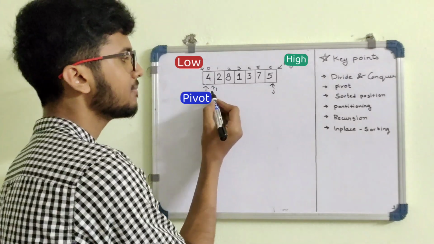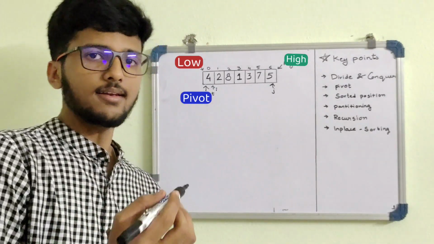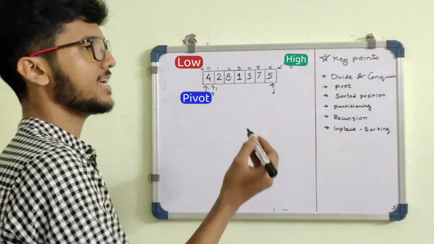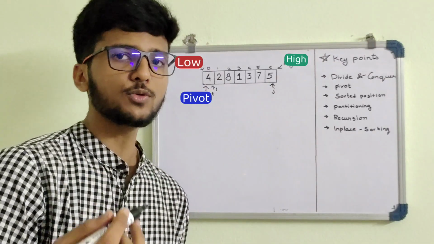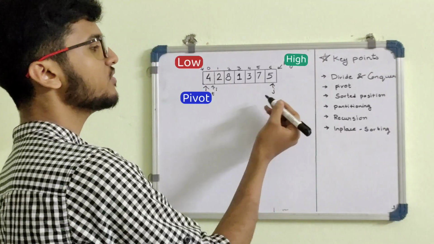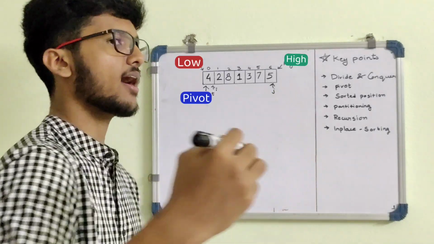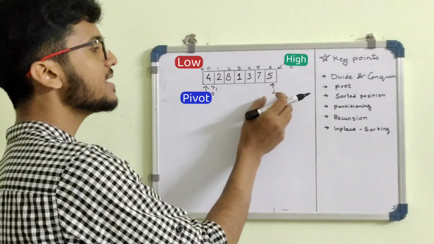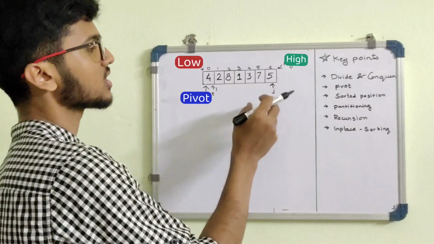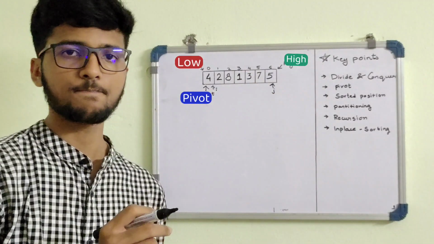We are going to increment I while the element at I is less than or equal to the pivot element, and we are going to decrement J while the element at J is greater than the pivot element.